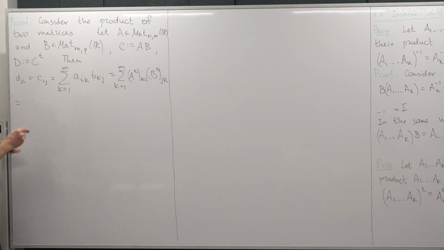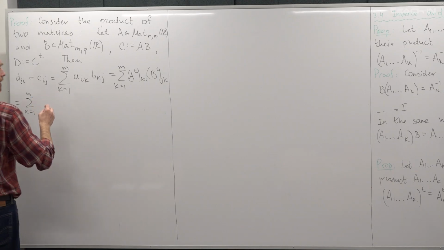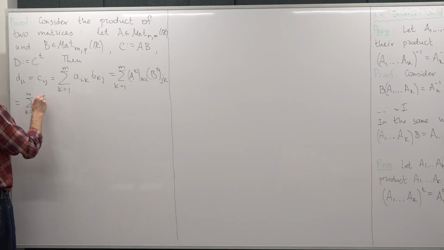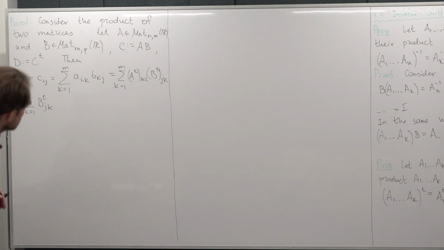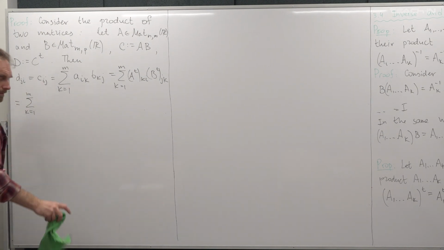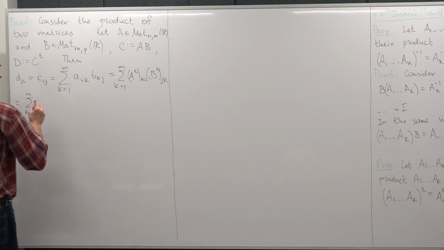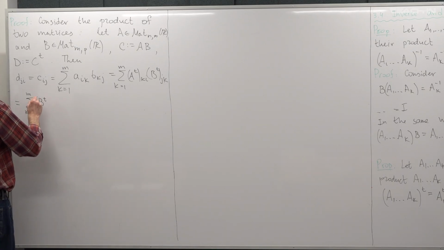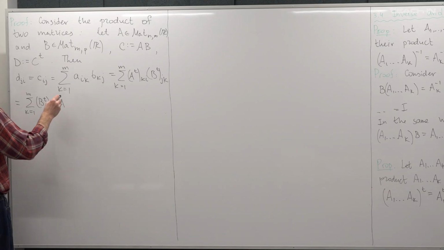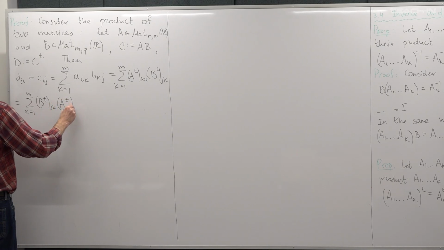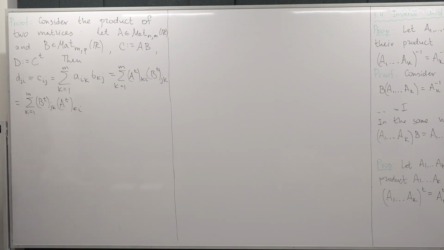Okay, and so these are just numbers, so they commute, so I can rewrite this sum in the form: B transpose jk, the jth kth element of B transpose, multiplied by the kth ith element of A transpose.